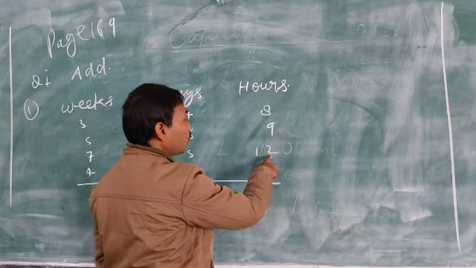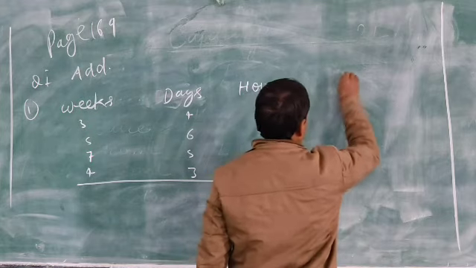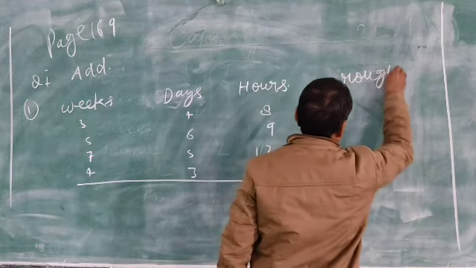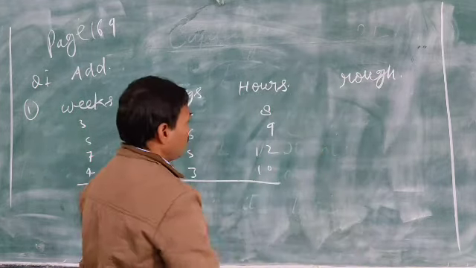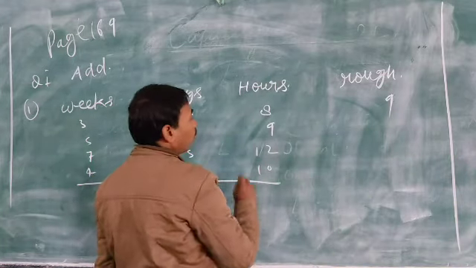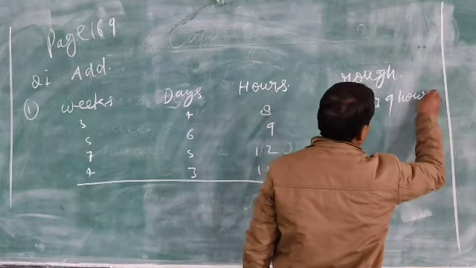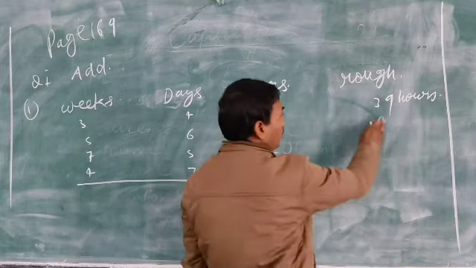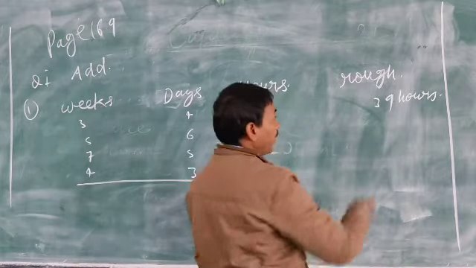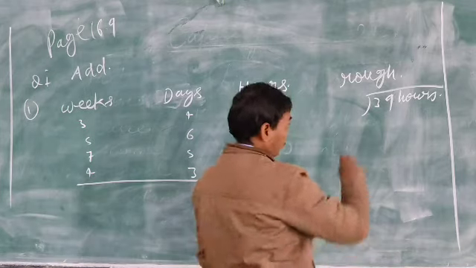So if you add here 8 and 9, 17 and 2, 19. You can use rough count in your notebook. So 19, 1 carry, 1, 1, 2, 1, 39 hours. So you know that 39 hours can be converted into days. 24 hours make 1 day.